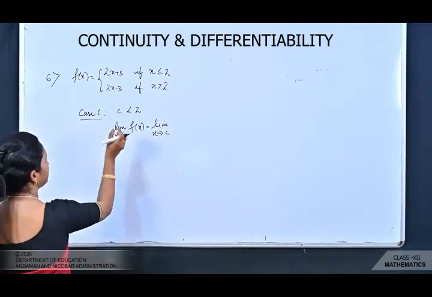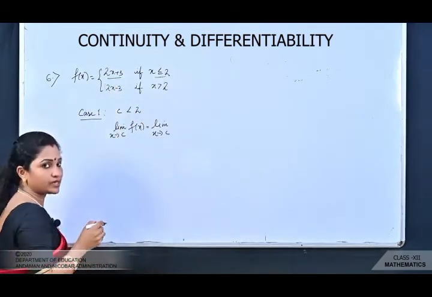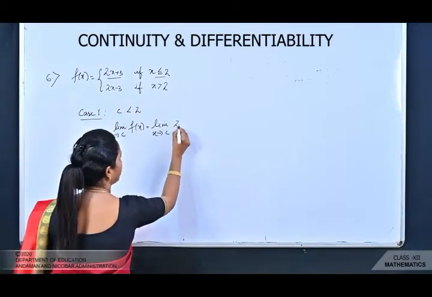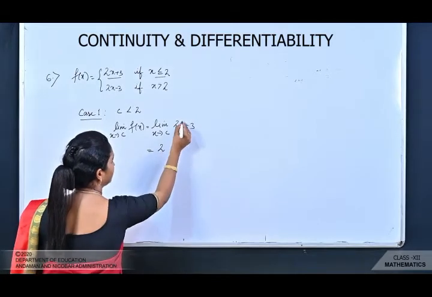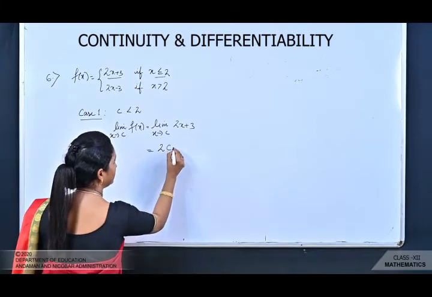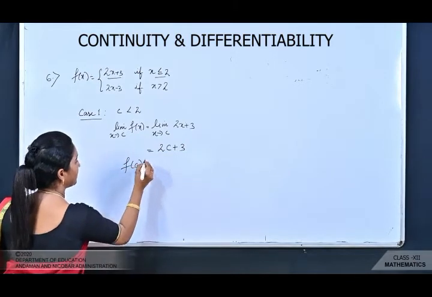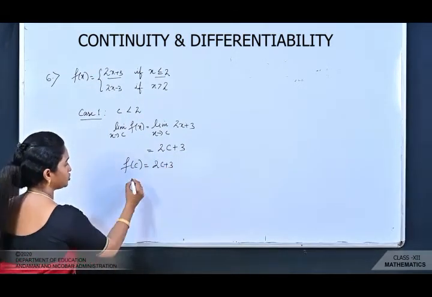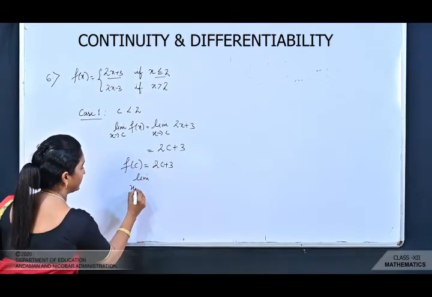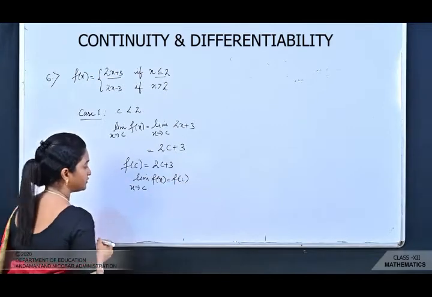Fx will be equal to limit x tends to C. What is fx? That means C less than 2 के लिए function क्या है? 2x plus 3. So you are going to write here 2x plus 3. So you will replace x by C, 2c plus 3. Correct? What will be f of c? F of c will be directly you have to apply, that is 2c plus 3. So you have proved limit x tends to c, fx is equal to f of c.